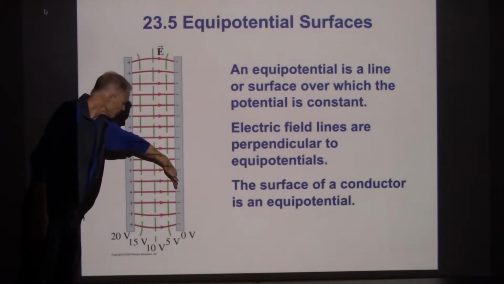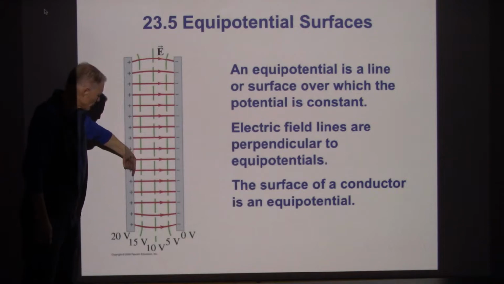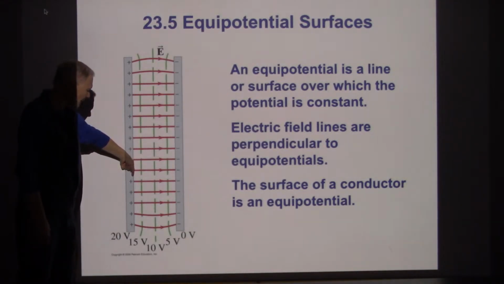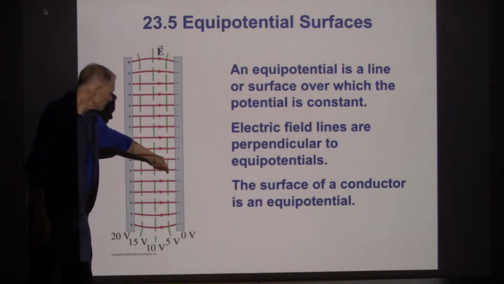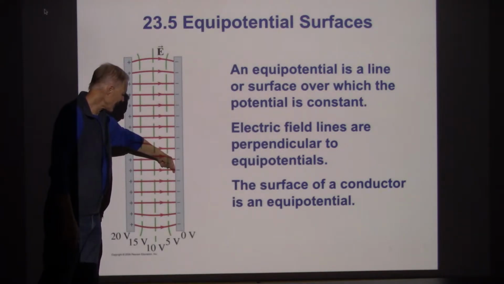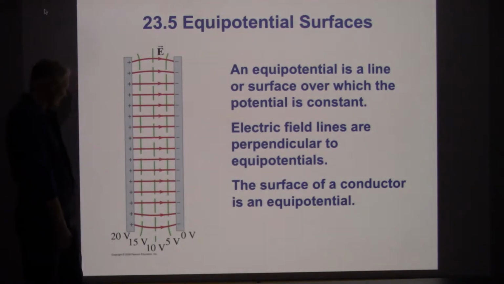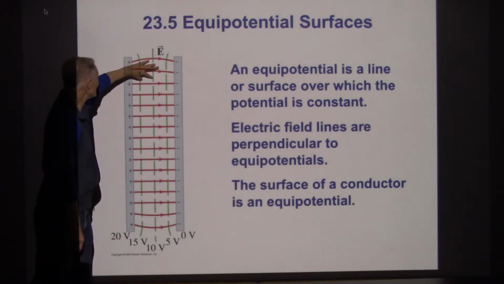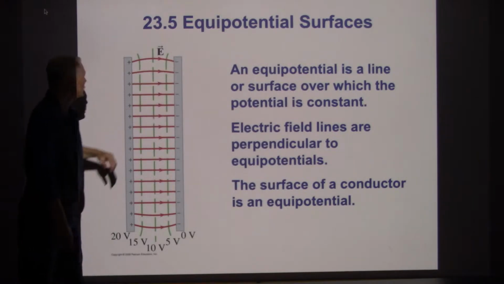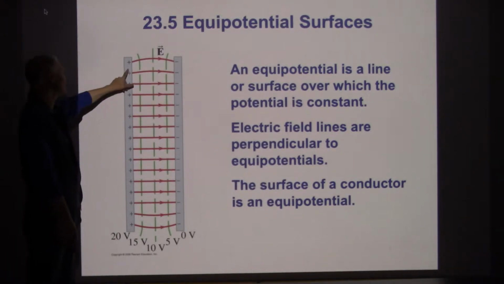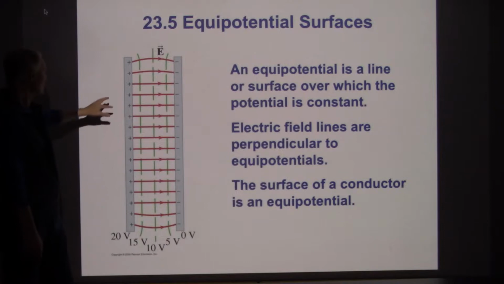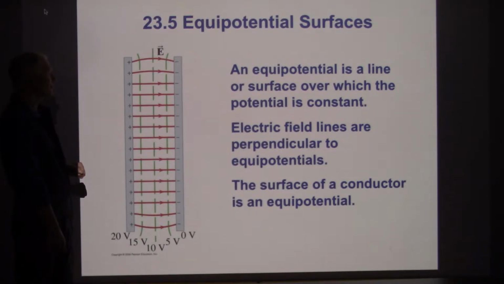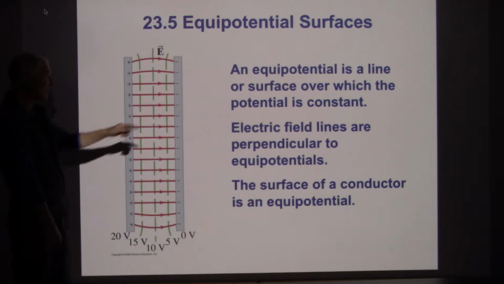Now here, they've said that the surface of this plate is at 20 volts, and the surface of this plate is at 0 volts. They didn't divide this very evenly. I'm a little disappointed here. So this distance and this distance and this, those should all be evenly divided. Well, I guess it depends on, it's a conductor, yeah.